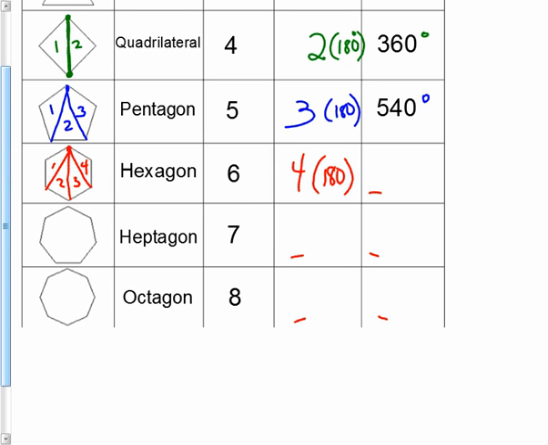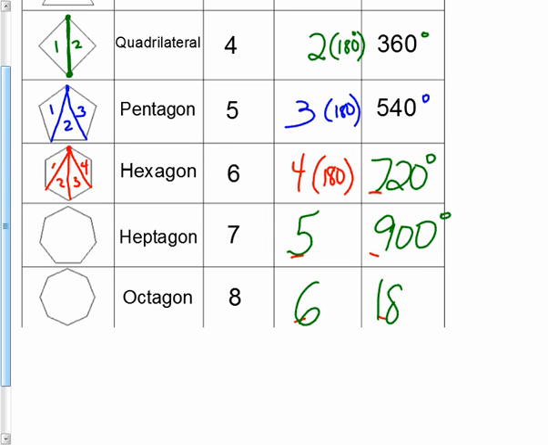Okay, so what you should have gotten here was 720. This would have made 5 triangles, and that would have been 900. This would have made 6 triangles, and that would have been 1080, right?